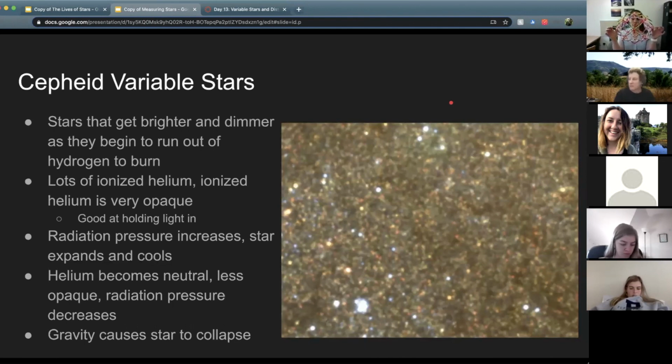Eventually, things will cool down enough because the star is expanding that the radiation pressure will decrease, and gravity will start to cause the star to collapse until it collapses so much that radiation pressure takes over again, and we get these pulsations as the Cepheid changes what's happening in its core. So it expands and contracts as the balance between radiation pressure and gravity no longer stays in balance.